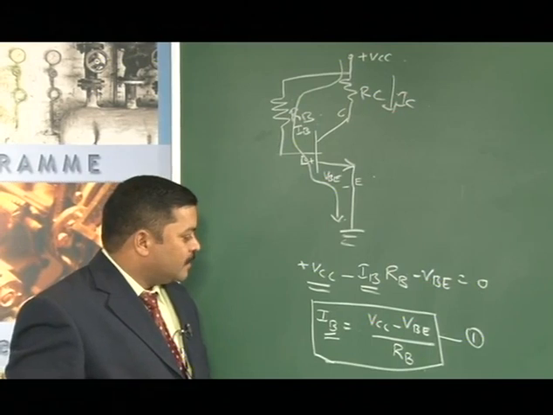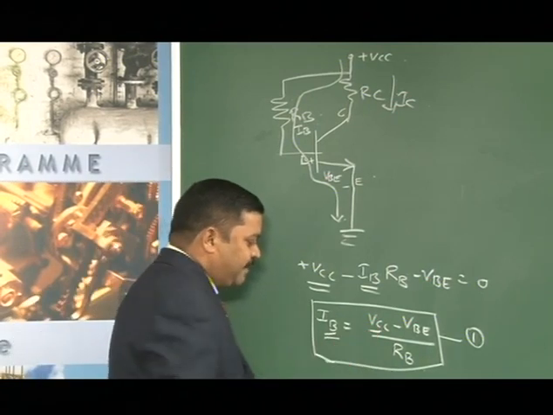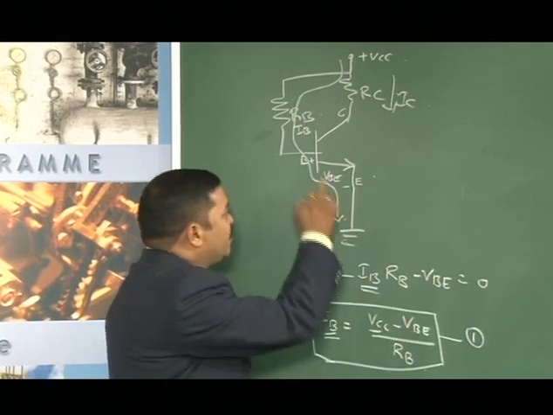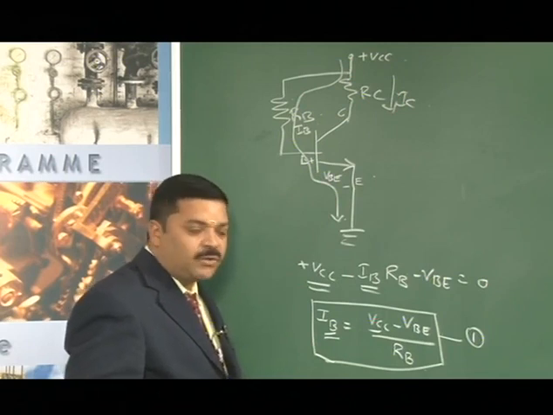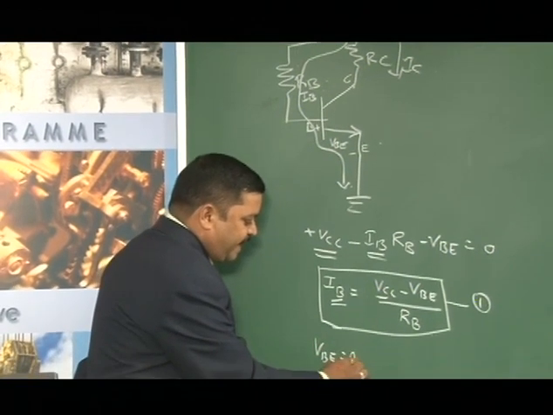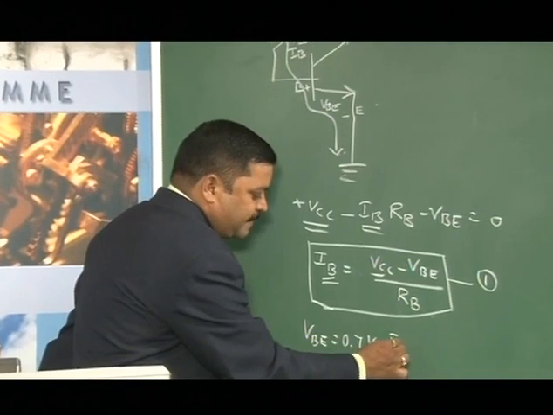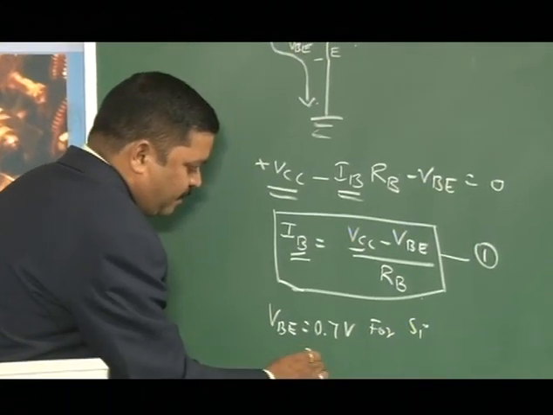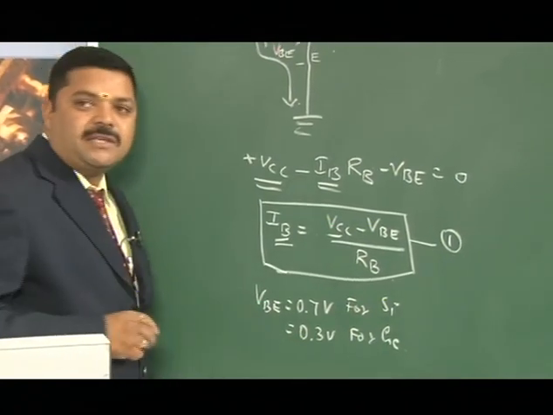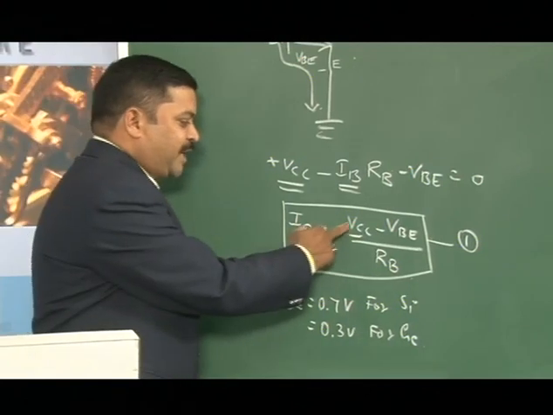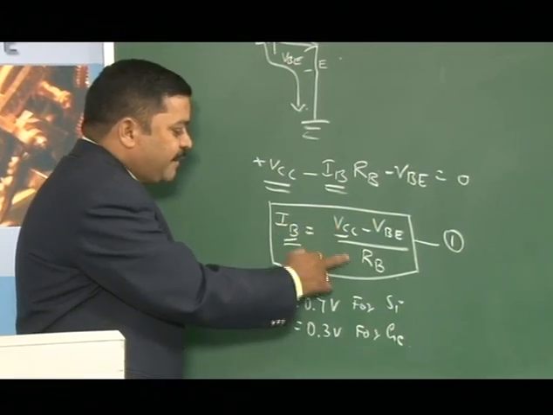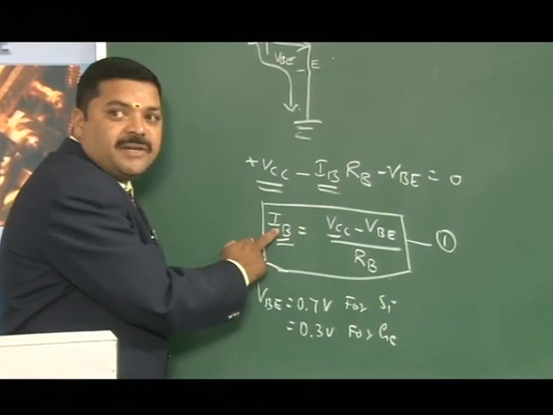Here VCC, as you know, is constant and RB is a fixed value, and VBE, which is the cut-in voltage of the transistor, is 0.7 volts for a silicon transistor and 0.3 volts for a germanium transistor. So this VBE is also constant. So constant minus constant is constant, divided by constant, therefore IB remains constant.